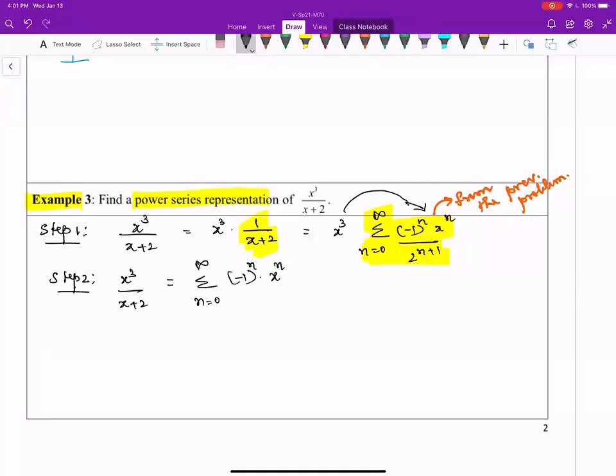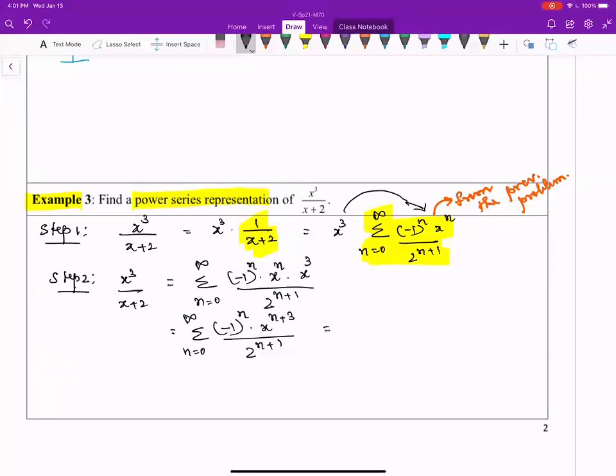You already have x to the power n there, and then you also take x cubed, which is outside the sigma sign, inside of sigma, divided by 2 to the power n plus 1. So which is sigma n varying from 0 through infinity, negative 1 to the power n, x to the power n plus 3 divided by 2 to the power n plus 1.